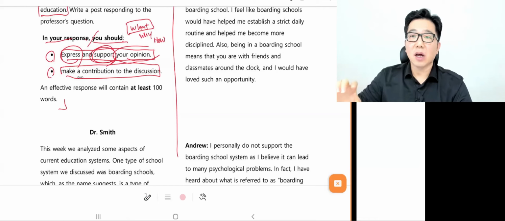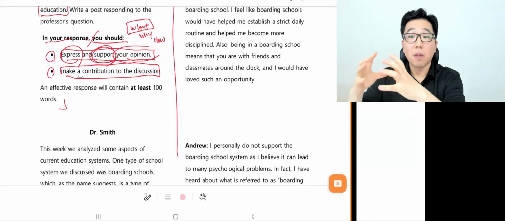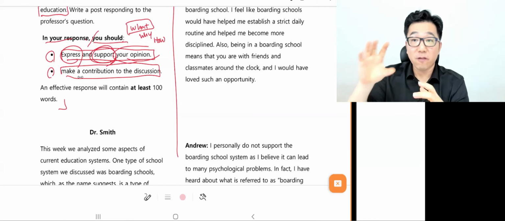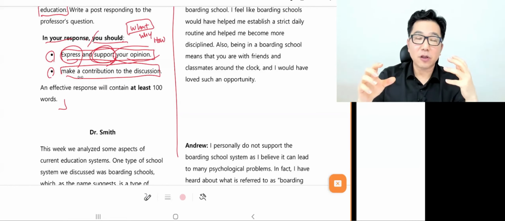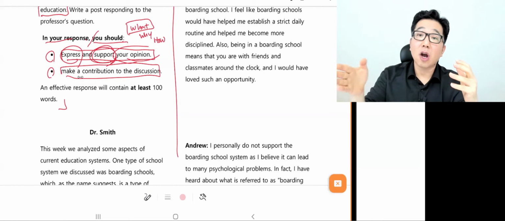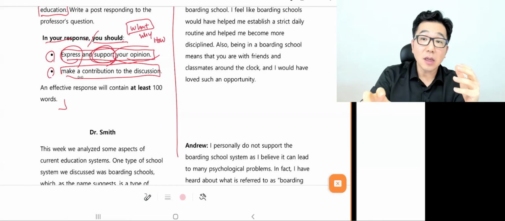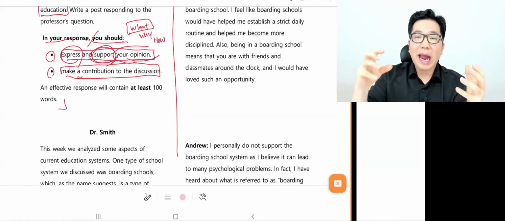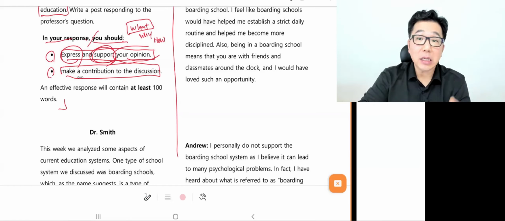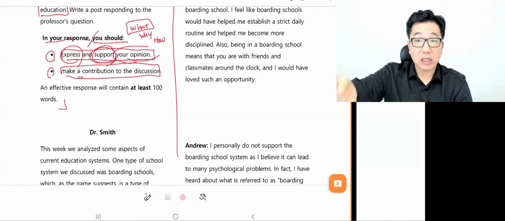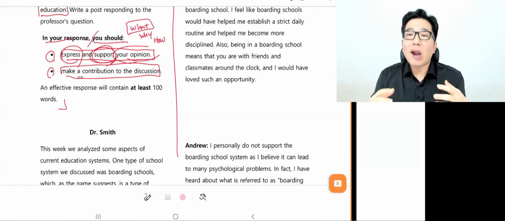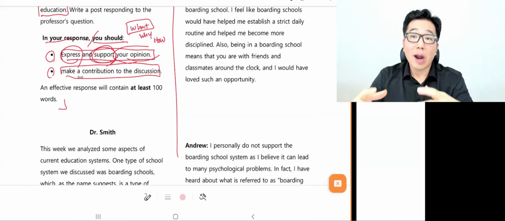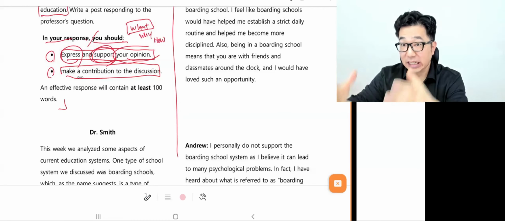So if there is a fund, a pool of money, a financial fund, an investment fund, and if someone says you are making a contribution to the fund, then basically you are adding your money into this investment fund. That's making a contribution. So you are adding something. You are adding value to something that is in existence.